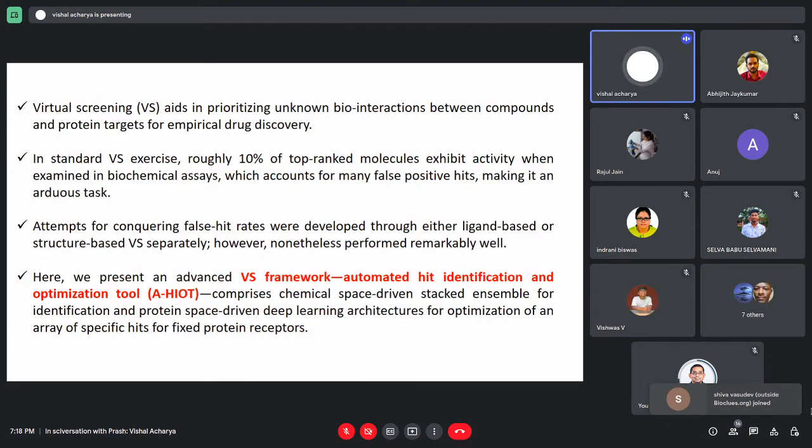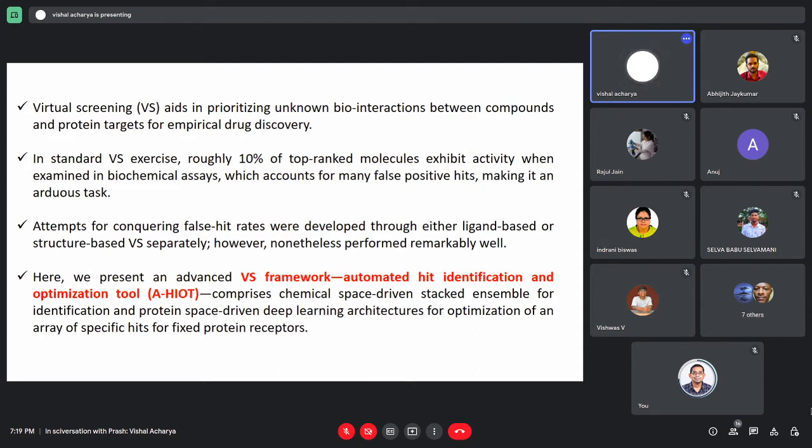In 2015, this work was about how drug discovery can be made excellent. We wanted to reduce false positives, but whatever we had developed still gave false positive hits. We are talking about lead compounds, and the compound for a particular target should be highly accurate.